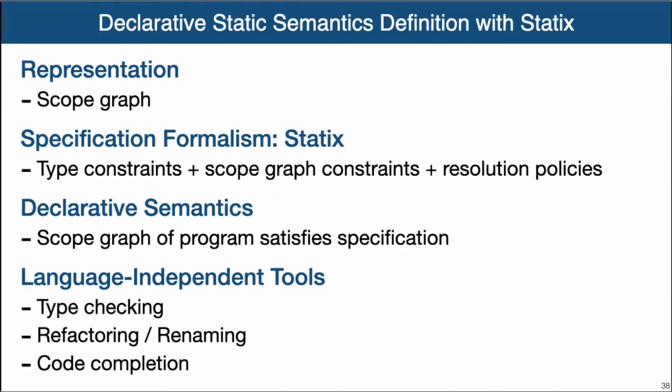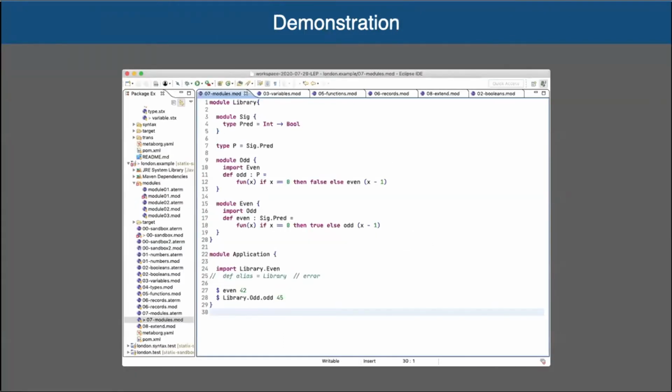In particular, the one that is live in Spoofax is that we derive type checkers from static definitions, but we are also working on refactoring, renaming, code completion, and more. Yeah, I could give a quick demo if I can find it.